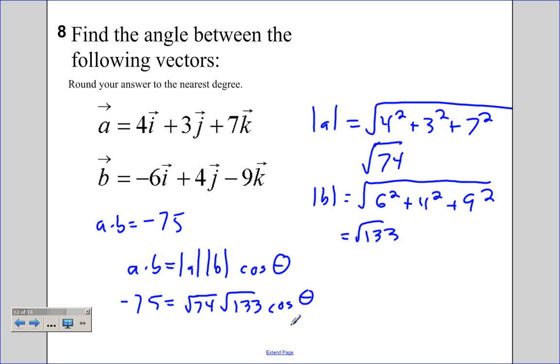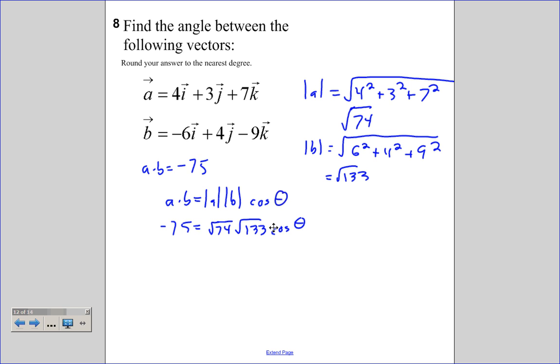Now, when we find the value of theta, first I'll multiply root 74 times root 133. So I have negative 75 is equal to 99.207.